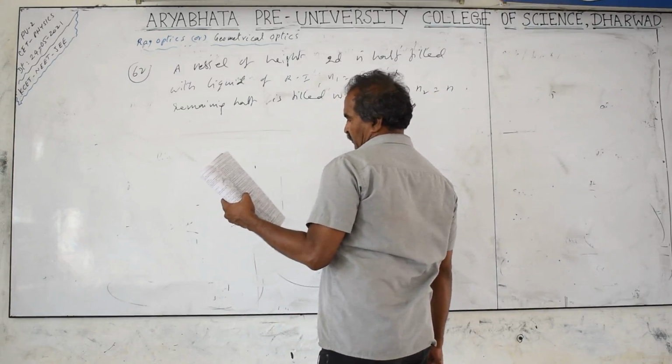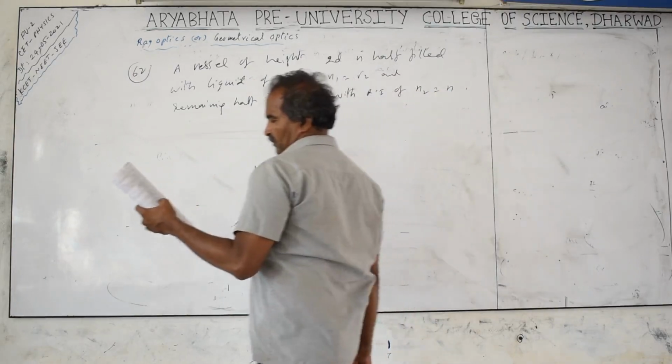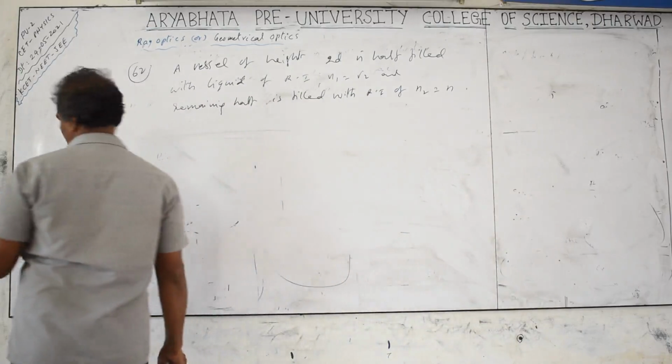Then find the apparent depth of the inner surface of the bottom of the vessel as observed from the outside.